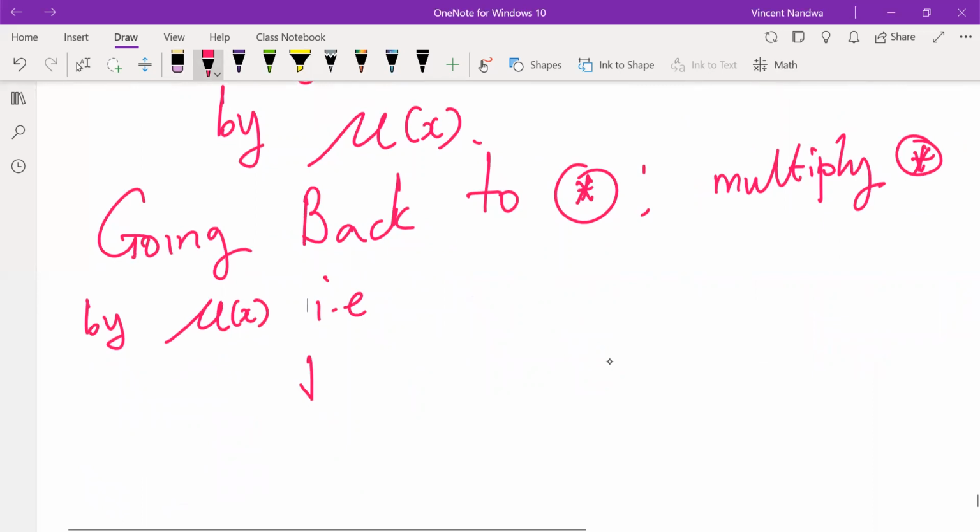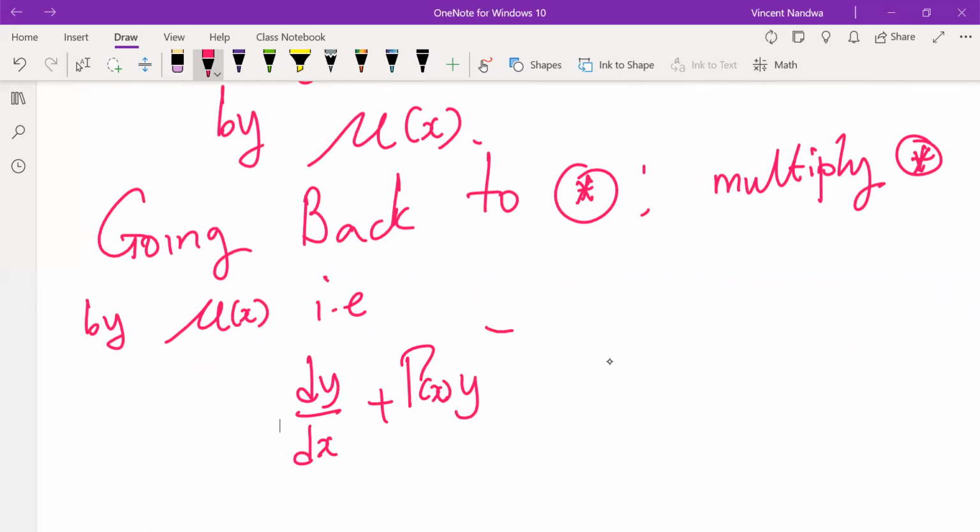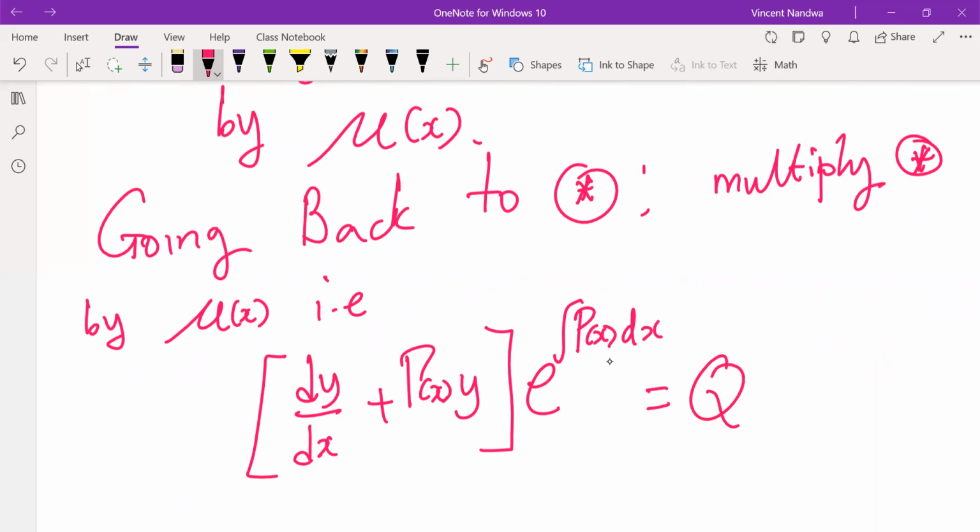We had dy/dx plus p of x y, and this side you multiply by e raised power integral of p of x dx, equals the right hand side, which was q of x multiplied by e raised power integral of p of x dx.